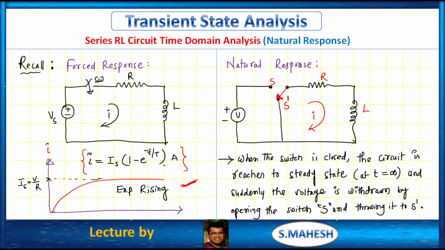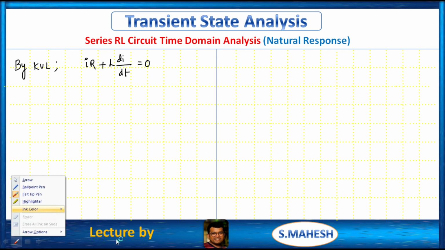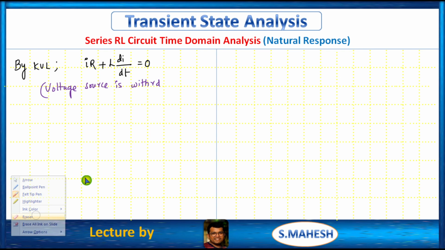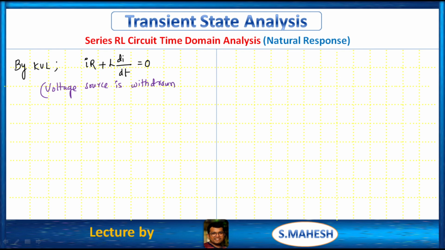Therefore by using KVL, I into R plus L into di by dt equals 0. The voltage source is withdrawn by opening the switch.